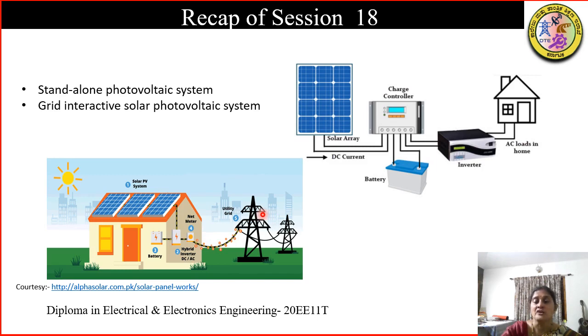And during the no sun time, instead of a battery as in a standalone photovoltaic system, during night time or no sun time, the power is borrowed from the grid by the consumer. Thus, continuity of supply is maintained throughout the day. So these are the two important systems, that is stand-alone photovoltaic system and grid interactive solar photovoltaic system.